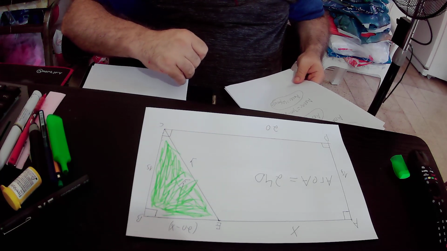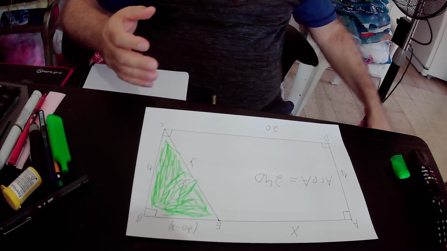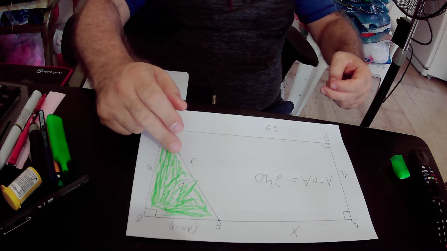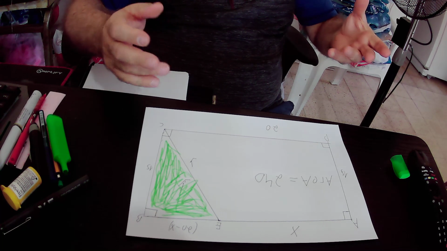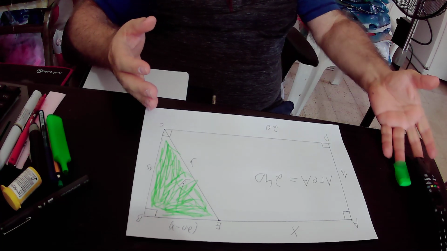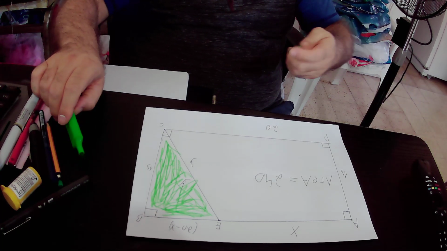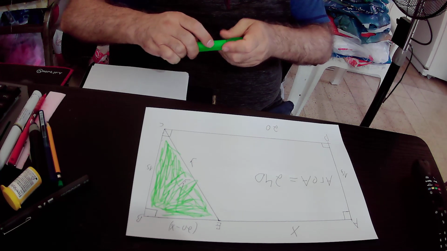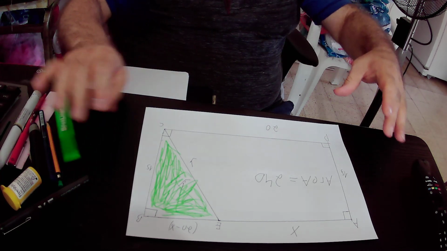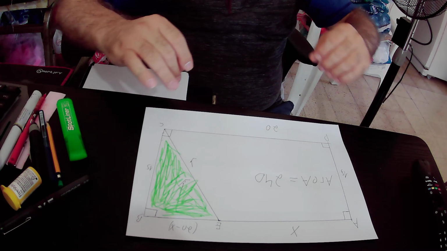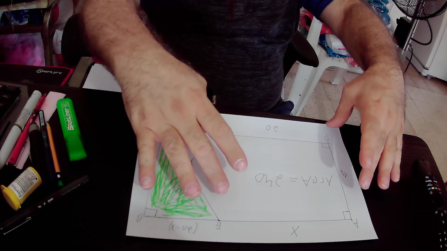Okay, so the area of the right triangle is very simple to see. What is the area of the right triangle? The area of the right triangle is the area of the rectangle minus the area of the white shape.